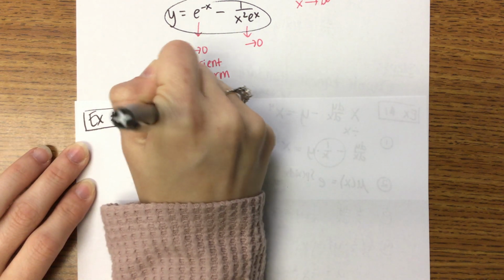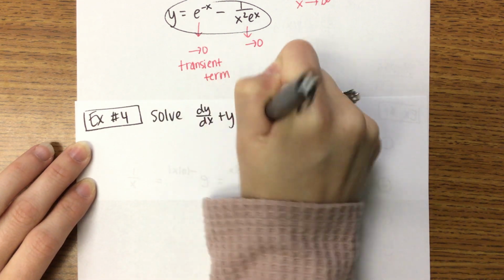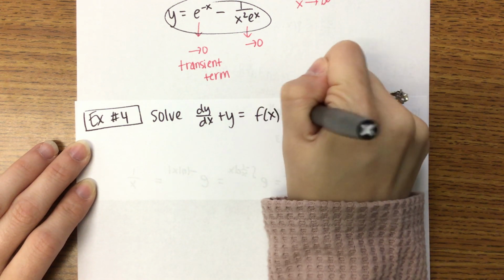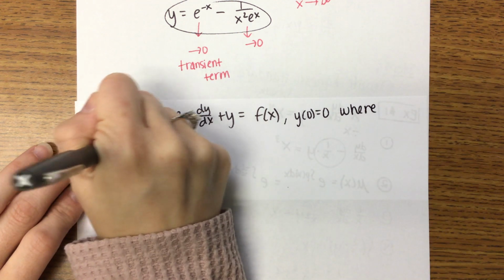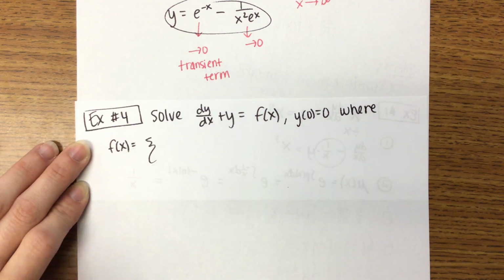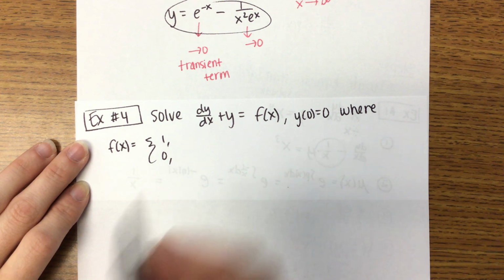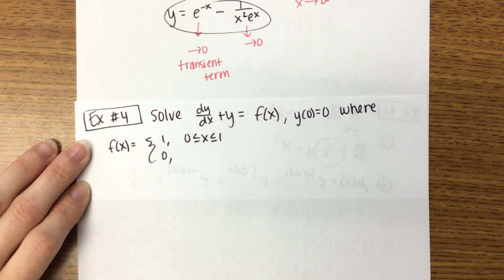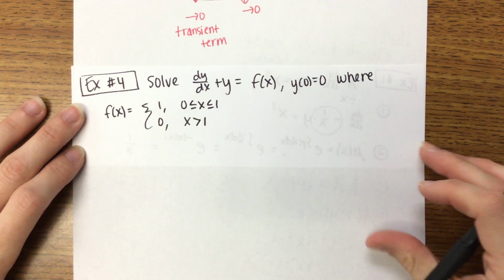Last example, we are going to solve dy/dx plus y is equal to f of x with the initial condition y of 0 equals 0, where f of x is a piecewise function. f of x is either equal to 1 or 0. It's 1 when x is between 0 and 1, and it's 0 when x is greater than 1.